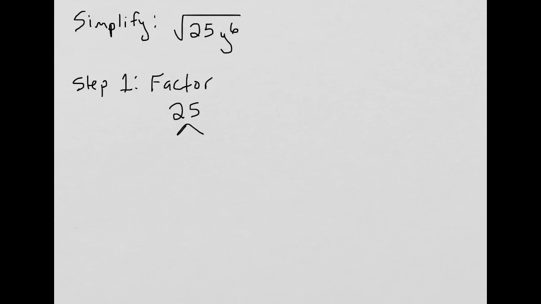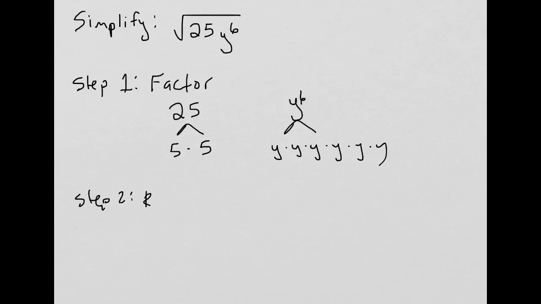So if I factor 25, I get 5 times 5. And then y to the 6th is really just y times y times y times y times y times y. So then step 2 is to rewrite and simplify.